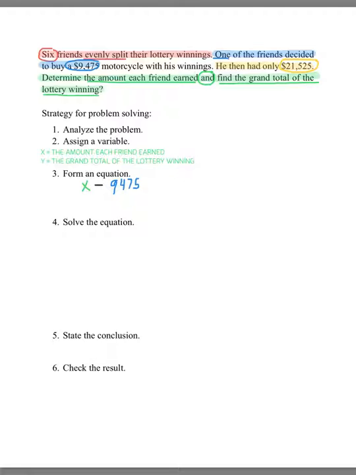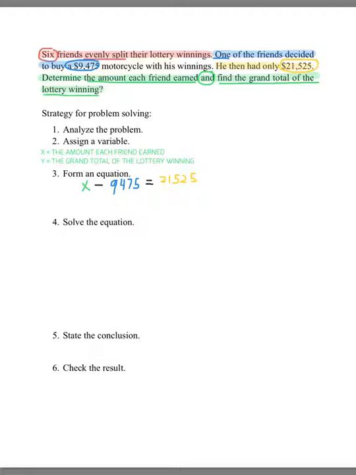So he had a certain amount, he made a purchase, so that left him with a certain quantity, and that quantity is $21,525. So that's going to be our first equation. It's all about one friend, who made the same amount that all the friends made.